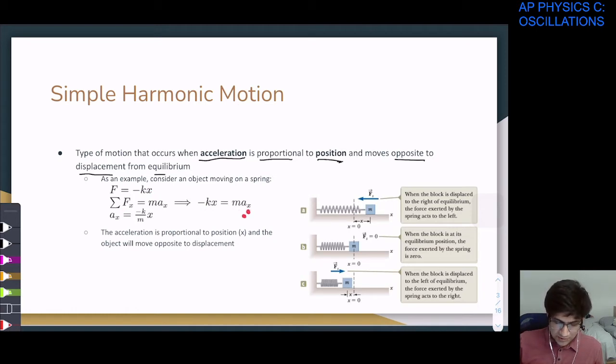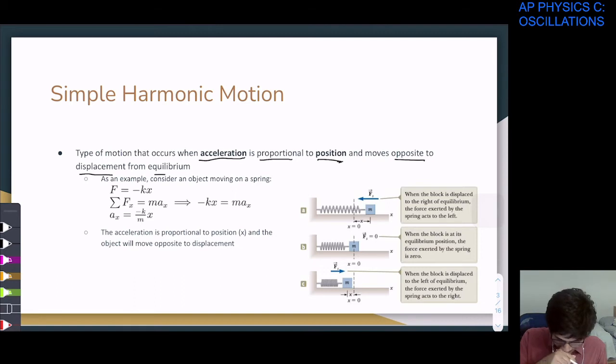And solving for acceleration, we get a equals minus k over m times x. And over here we see that the acceleration a is proportional to position x, and the constant of proportionality is k over m, right? Because k is the spring constant, it's constant, and m is the mass, which we usually assume to be constant.